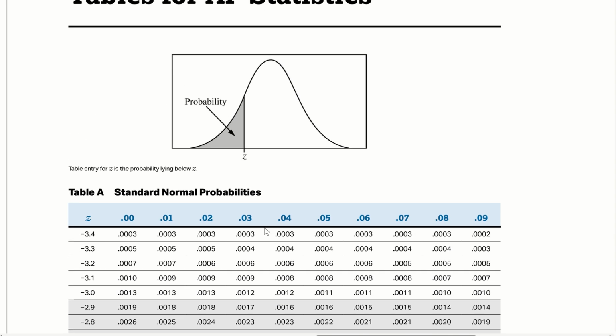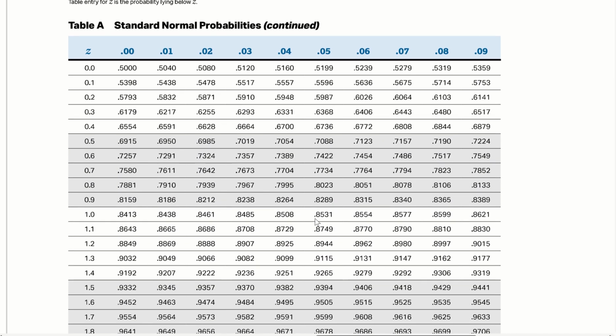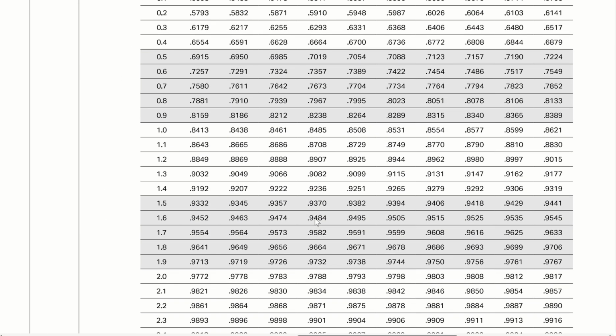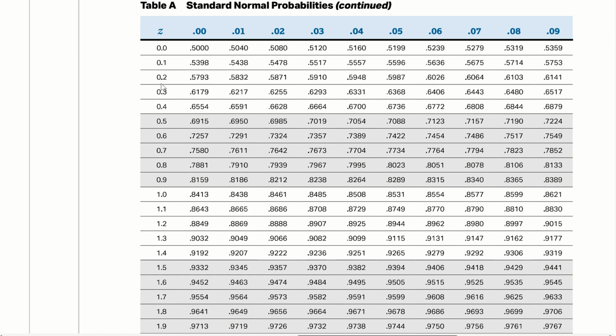Now these are positive values, so we're going to look them up in the positive side of the table. We need to look up 1.48. So 1.4, and then 8, right? So 1.48 is right here, that's the 1.4, that's the 8.